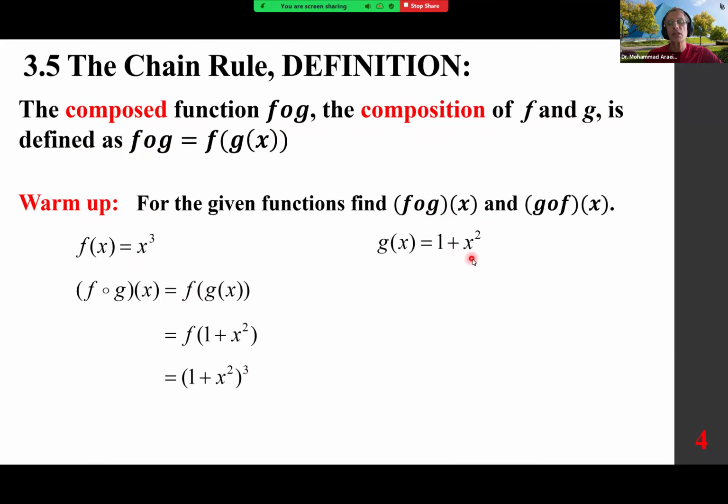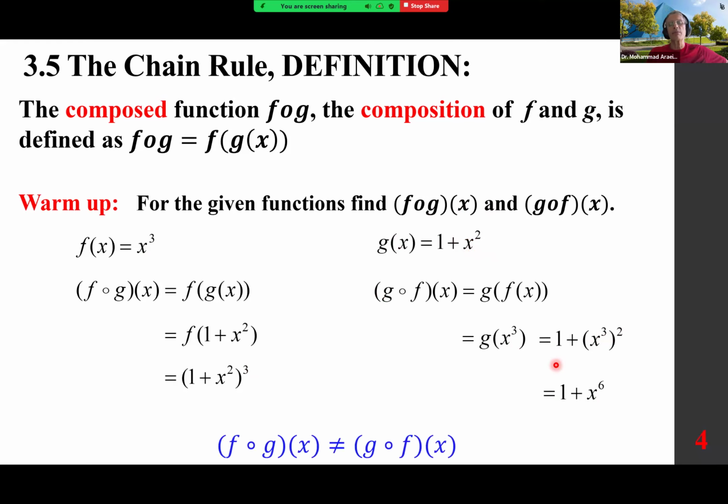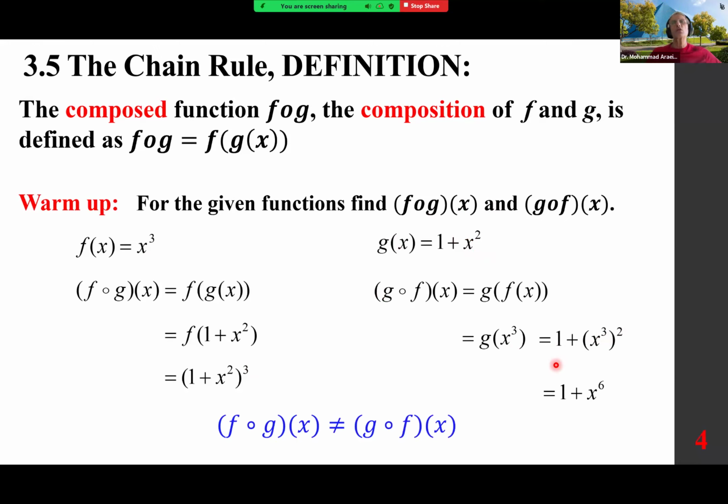In this case, g of f of x means g of x cubed, which means in this function we replace the x with x cubed, and this must be raised to the appropriate power, giving us 1 plus x to the power of 6. And clearly, the two functions, f of g and g of f, are not equal.